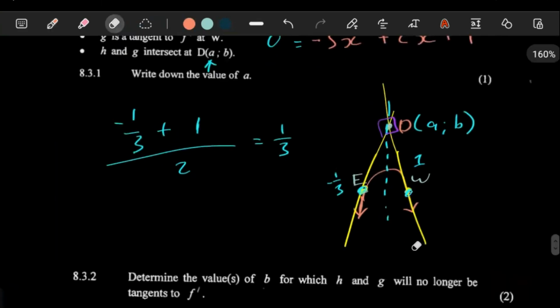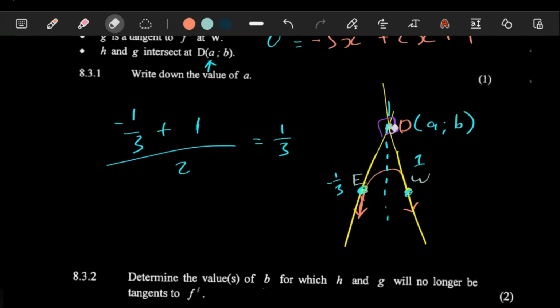For these lines to not be tangents, well, one thing to consider is that, without overthinking it, let's first find out the value of B, because remember B is a specific Y value.